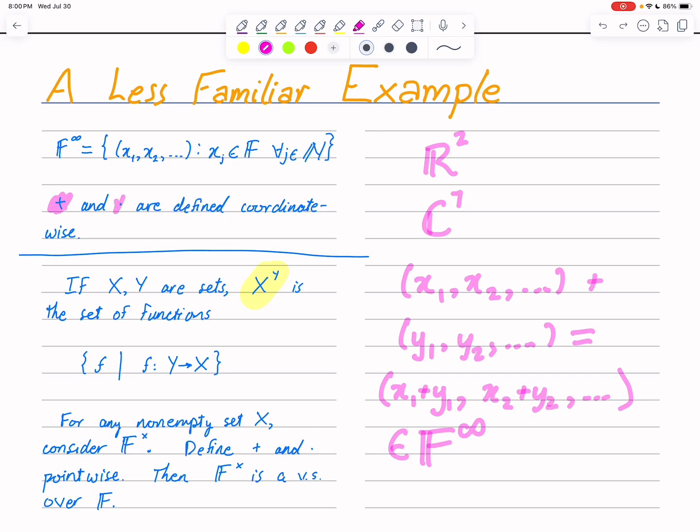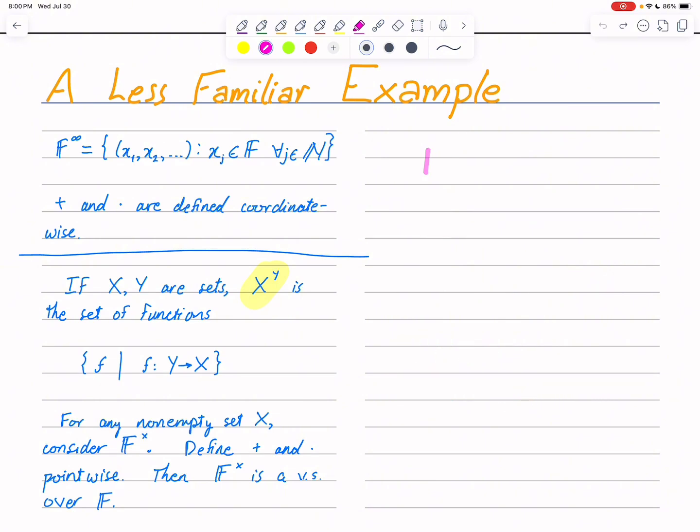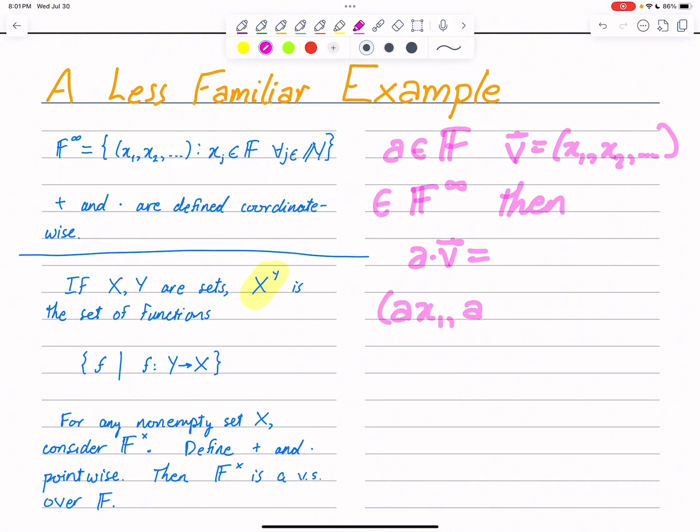You can similarly define scalar multiplication. So if you take any particular element from your field together with a vector from the vector space, taken out of the infinite lists of field elements, then what do we mean by scalar multiplication?